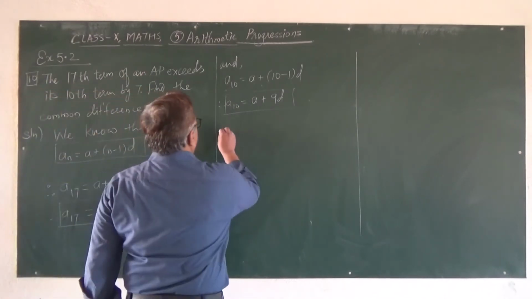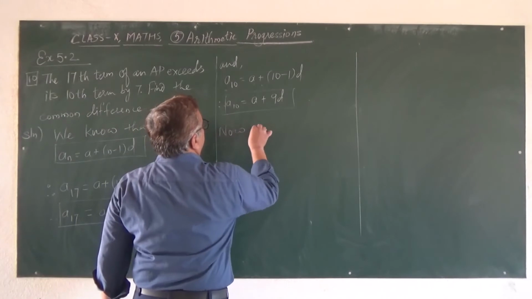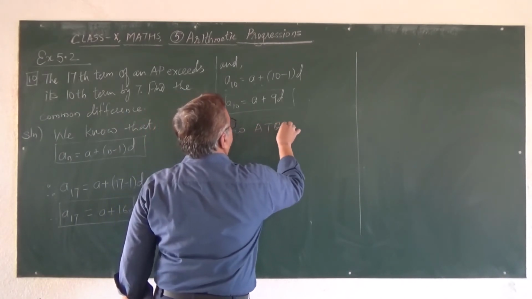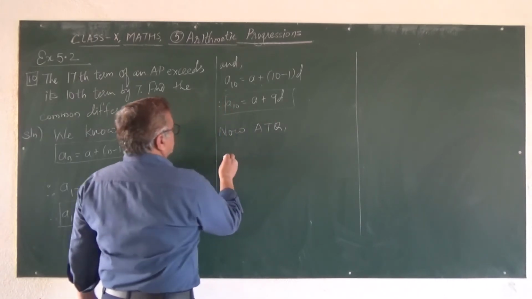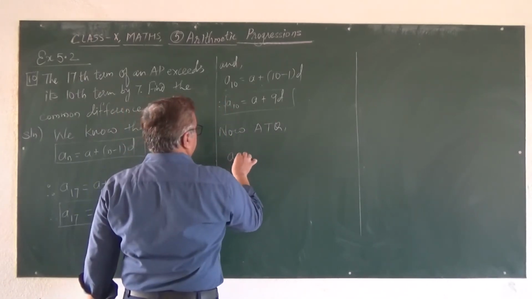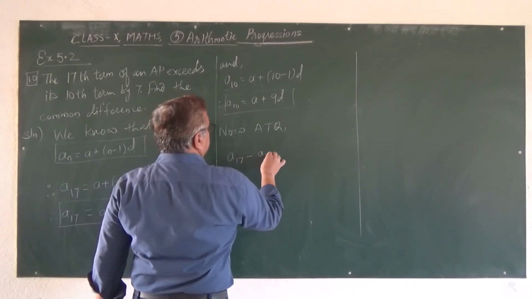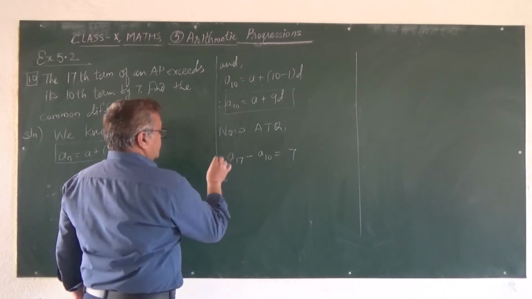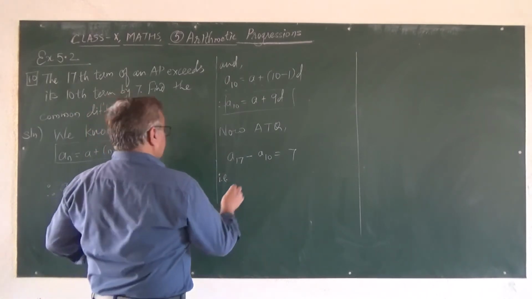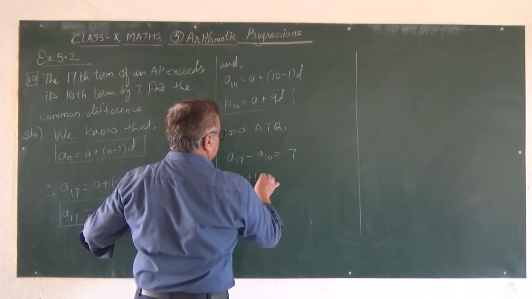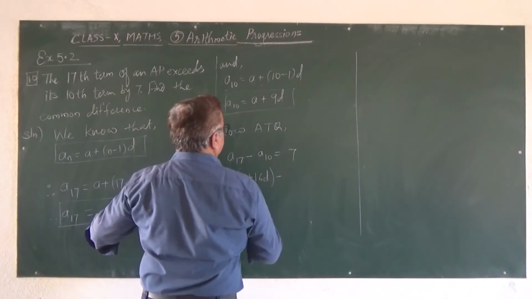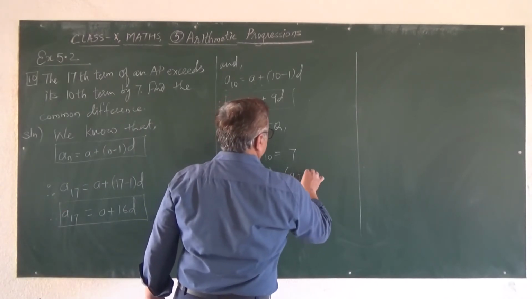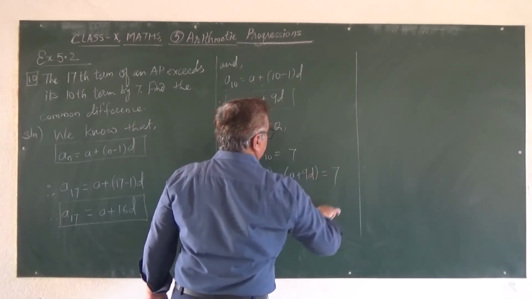So now, according to the question, 17th term a17 minus a10 is 7. That is, a17 is a plus 16d minus a10, that is a plus 9d, is equal to 7.